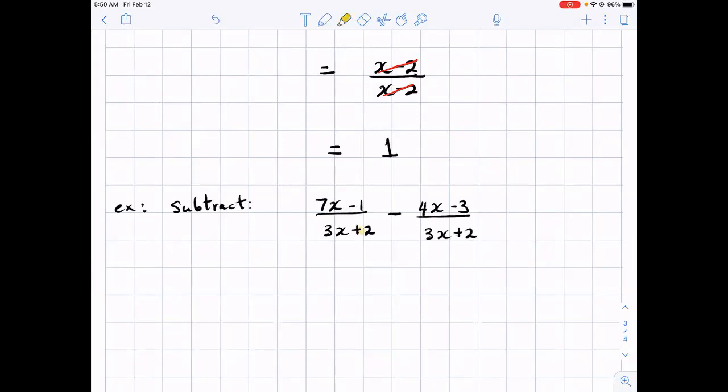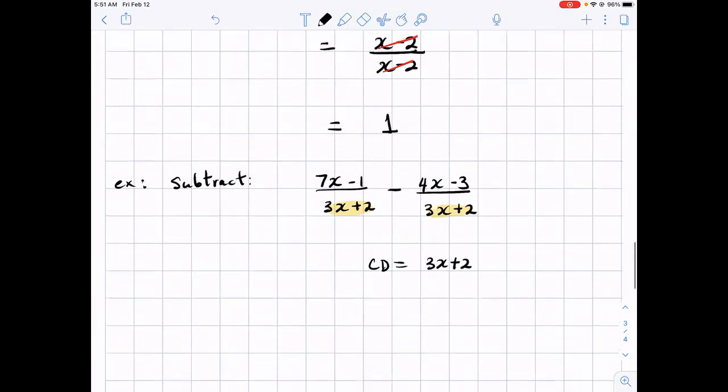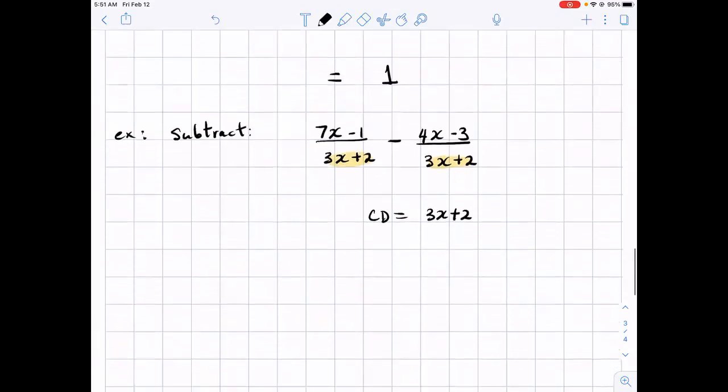So once again, notice my denominators are the same. So the common denominator is 3x plus 2, right? So if they have the common denominator, we just write 3x plus 2. And then we just add or subtract whatever that sign is here. So this will be 7x minus 1 minus 4x minus 3.